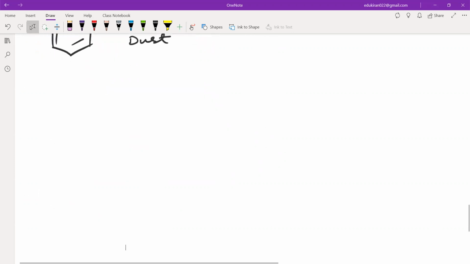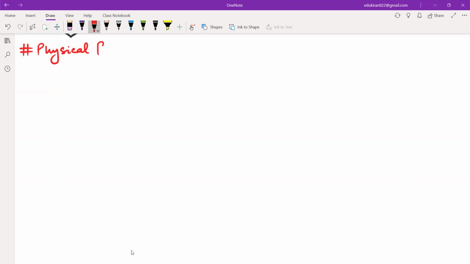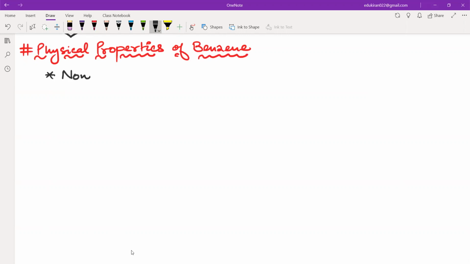Next is the physical properties. Now, it is non-polar, and hence not soluble in water.